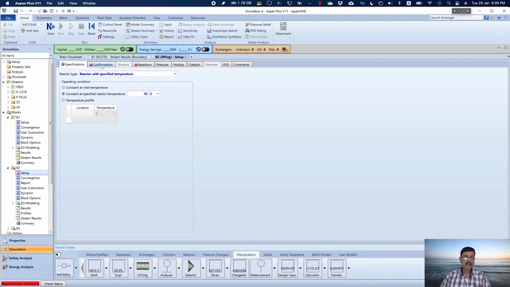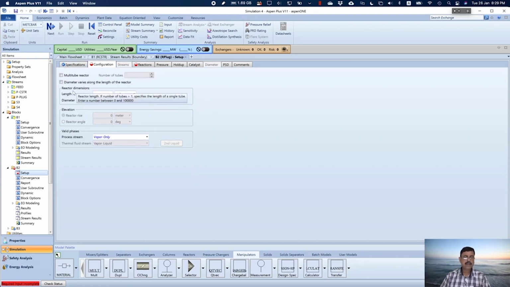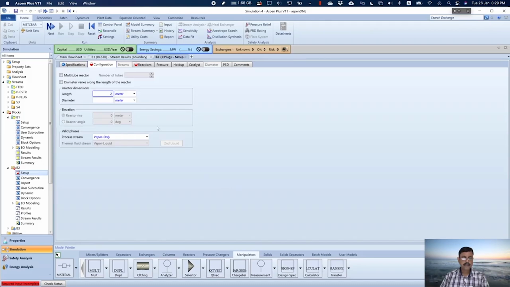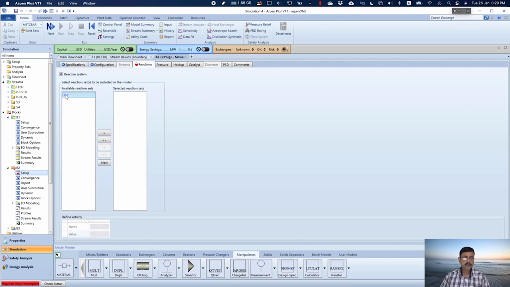Now go to configuration. We have to give the reactor dimensions for the plug flow reactor, which, again, we have calculated before: 2 meter length and 0.3 diameter, so 2 meter and 30 centimeter diameter. And the reactions are already defined before. So just choose that reaction and your run is ready.